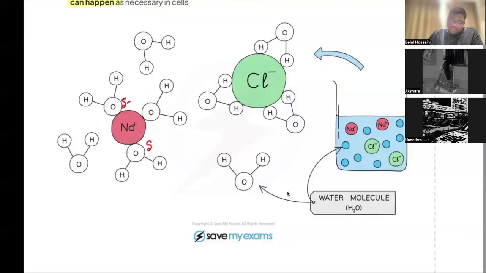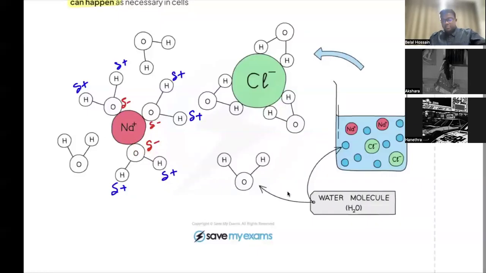Since the oxygens are partially negative, the hydrogens are partially positive. And as a result, the partially positive portion faces away from the charged particles such as the sodium ion here. They face away and the partially negative oxygen faces towards the charged particles.